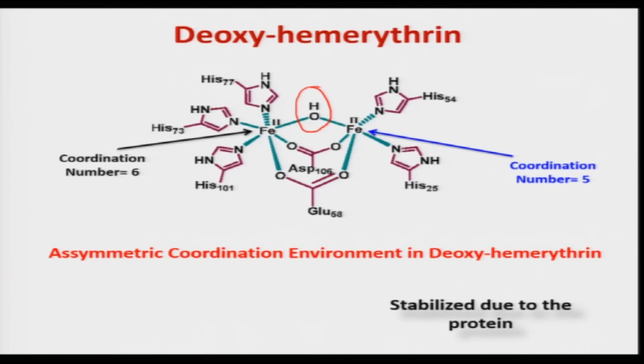However, interestingly, as I have already said, the iron 1 center is 6 coordinated, whereas the iron 2 center is 5 coordinated, where dioxygen actually comes and binds. This asymmetric coordination environment is stabilized due to the huge protein chains around this molecule.